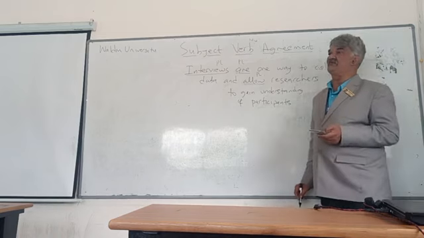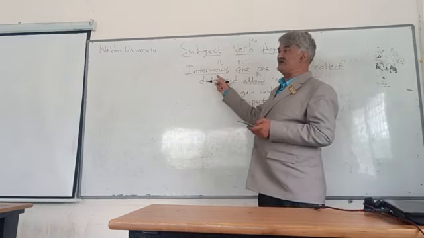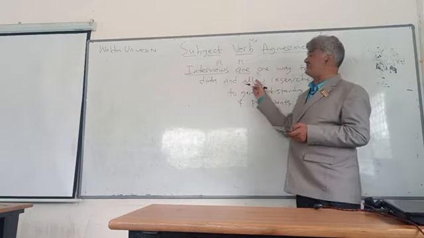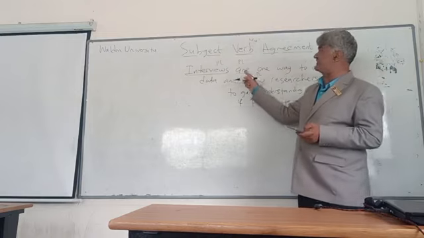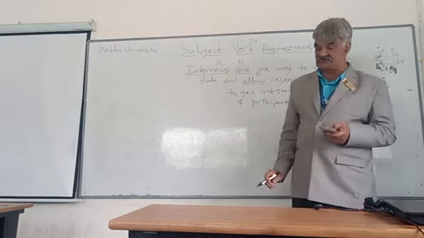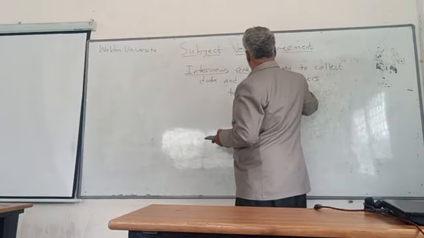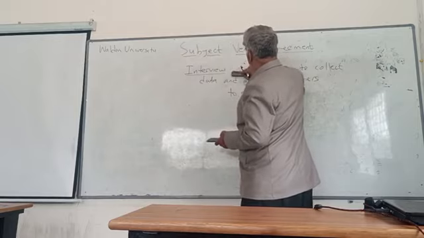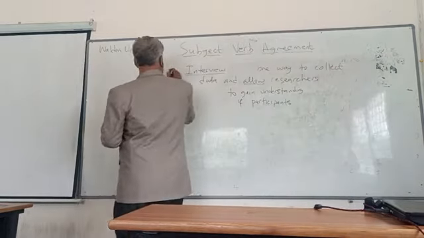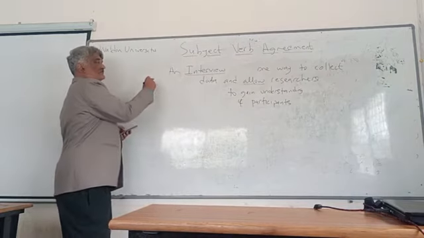So I'm repeating once more. When the sentence has one subject and more than one verb, the verbs throughout the sentence must agree with the subject, right? So suppose this was not interviews, okay? Suppose it's not interview, suppose this was an interview. Now this becomes singular.